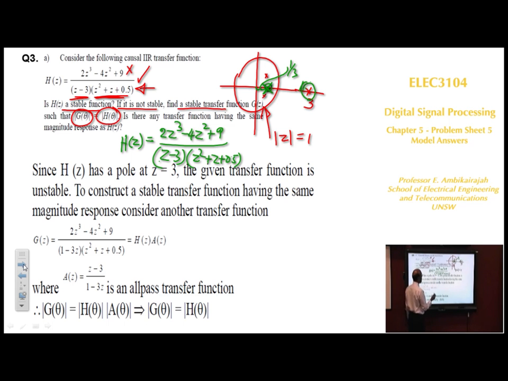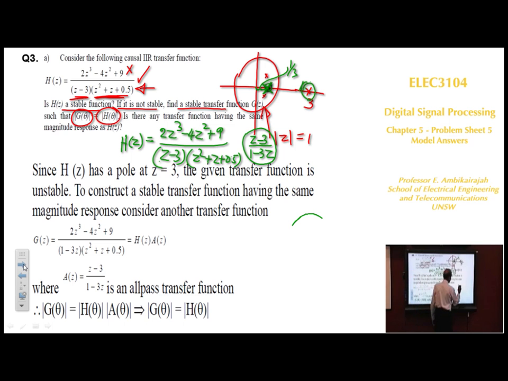At the same time, it is a stable filter. So we put in z minus 3 here, that is a zero, over 1 minus 3z, that's the pole. You know this one is an all-pass filter. You can just take that separately and do it.